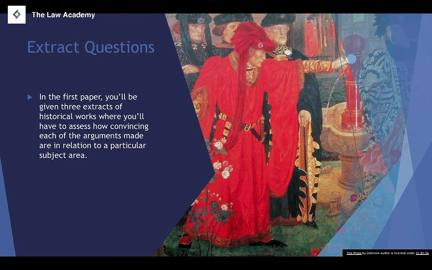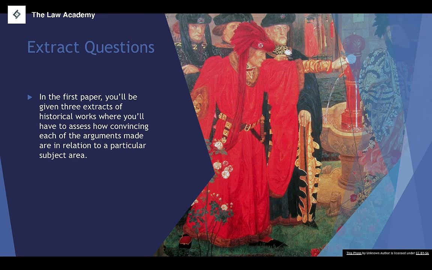So you might be given 3 extracts that talk about Henry VII's foreign policy, for example, and you might be asked to look at the arguments within these extracts and determine whether or not they are convincing with reference to how successful Henry VII was in his foreign policy, or maybe why he was successful.